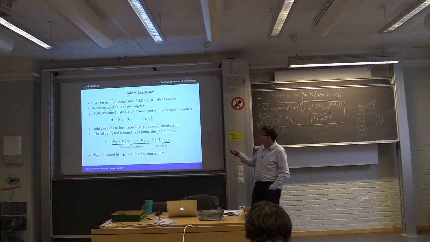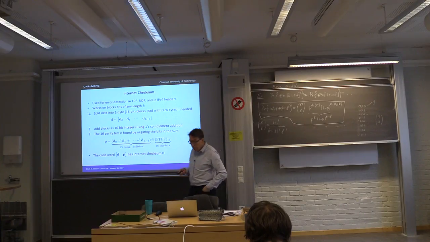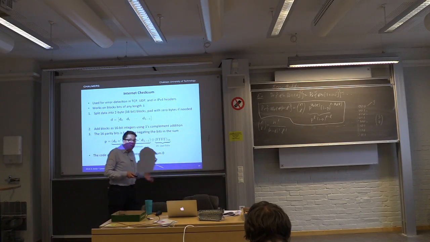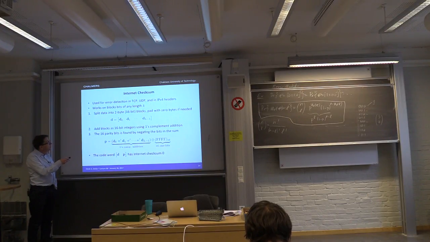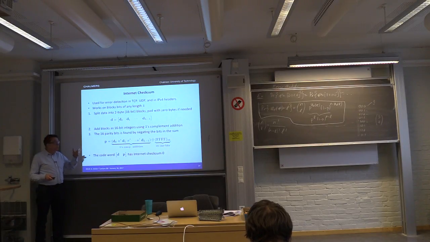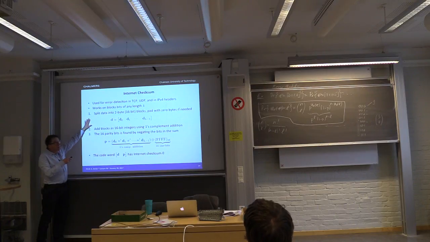This one is used for error detection in TCP, UDP, and also in IP version 4 headers. The idea is as follows: it works on blocks of bits of any length k, and there are 3 simple things we do. First of all, we take the data and we split it into 2-byte blocks.